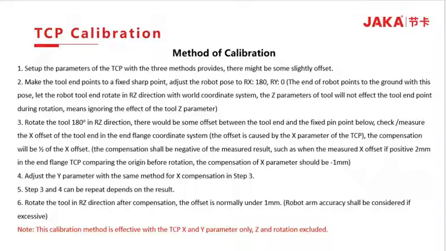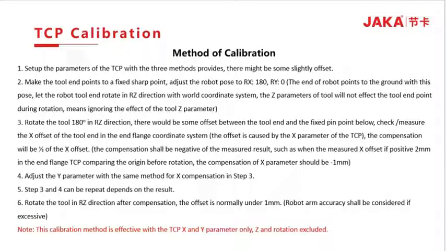Let the robot tool end rotate in the RZ direction with the world coordinate system. The Z parameter of the tool will not affect the tool end point during rotation, meaning we ignore the effect of the tool Z parameter. Third, rotate the tool 180 degrees in the RZ direction.